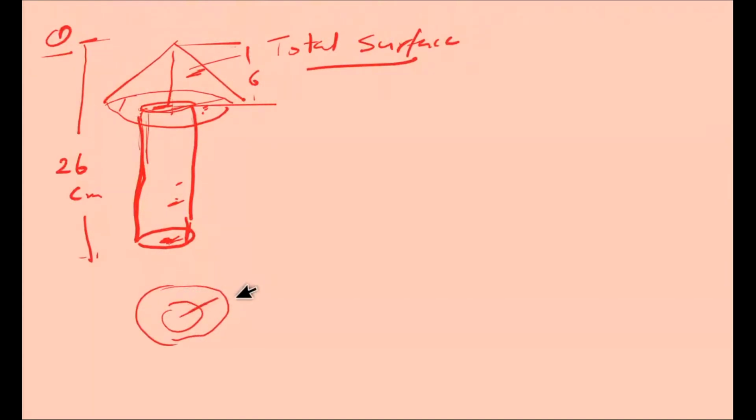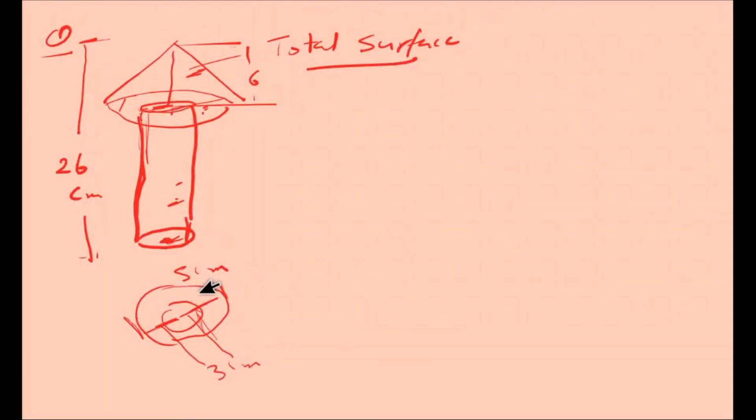The outside radius, and let this one be the outside diameter, and the diameter is given 5 centimeter outside, and the inside diameter is given 3 centimeter. Let this diameter be given 3 centimeter.